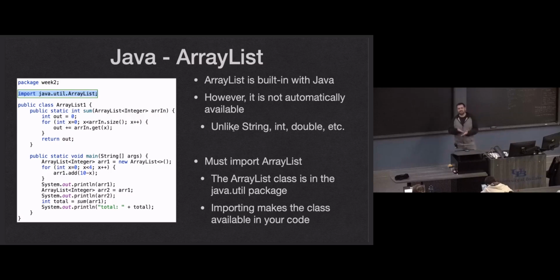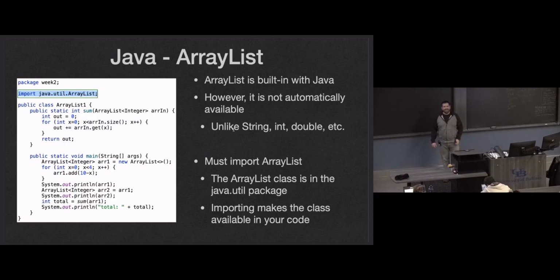And instead of slashes like a directory structure, we use dots in our package names. java.util.ArrayList: inside java/util, that directory, there's a file called ArrayList.java, and that's where the ArrayList class is defined. So if you look through the Java standard library, all the code that just comes along with Java, you can find the code for ArrayList following that path.